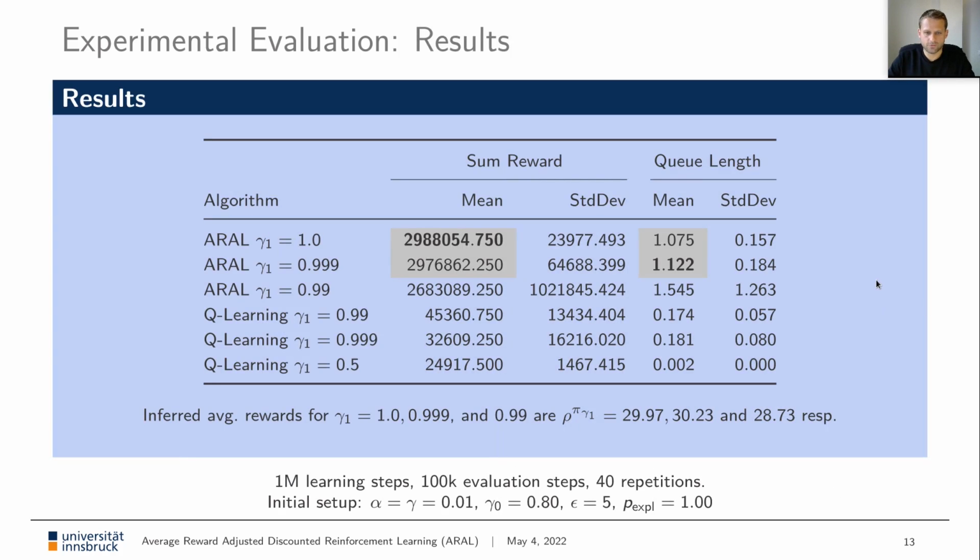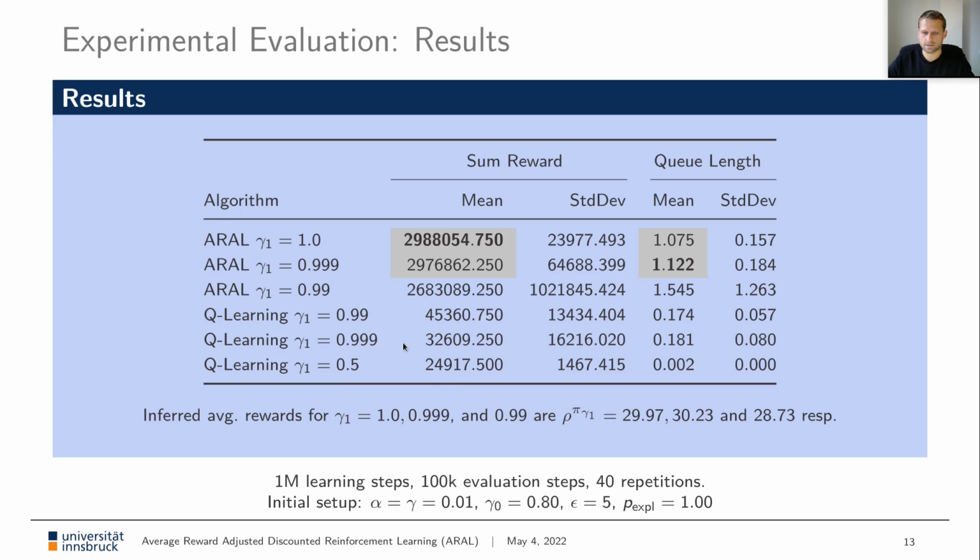As we can see in the results, our algorithm performs very well, where the optimum would be 3 million, whereas Q-learning does not perform very well, which is the first takeaway. Q-learning simply doesn't work in this context.